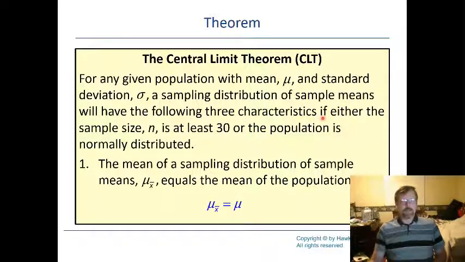First off, the mean of the sampling distribution of sample means, which we're going to call mu sub x bar, mu being the Greek letter there, subscript x bar, is going to be equal to the population mean. Again, if the sample size is at least 30 or the population is normally distributed.